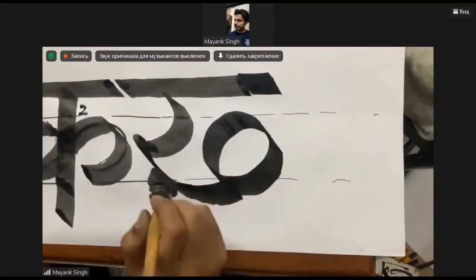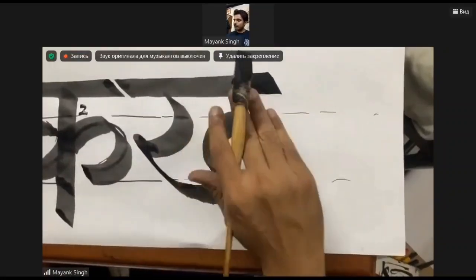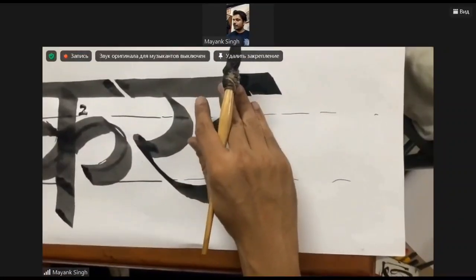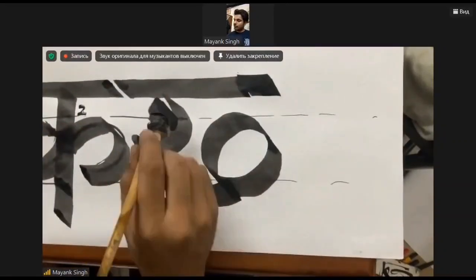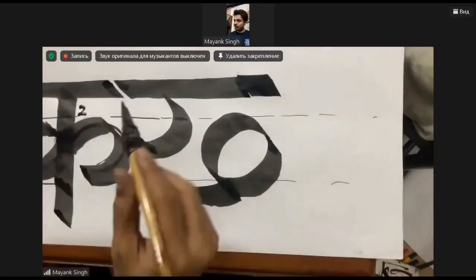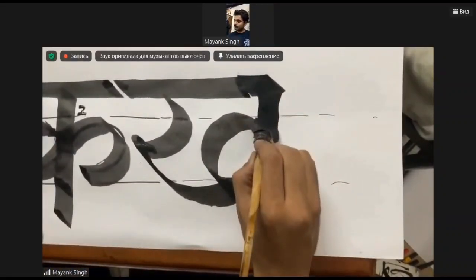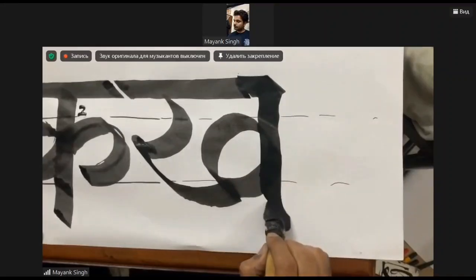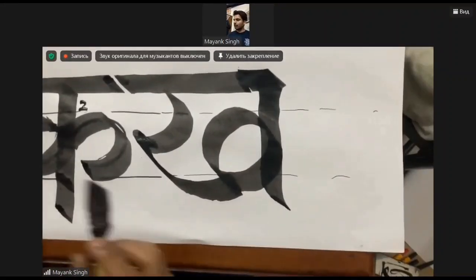This is a full crescent. This first stroke is Ra. If I hide this crescent, this is Ra. You have to connect this Ra with a crescent and then a similar straight stroke like this. Kha.